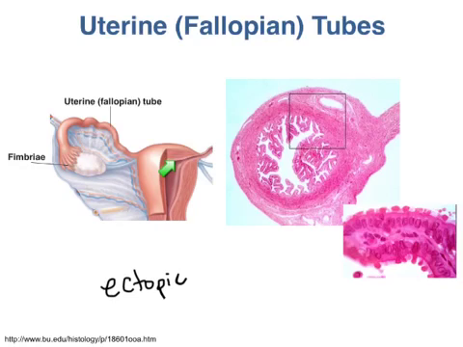If that egg is going to become fertilized, it must encounter sperm during the first 12 to 24 hours after release. So fertilization typically occurs in the fallopian tube, and then the fertilized egg travels down to the uterus and implants in the endometrium.